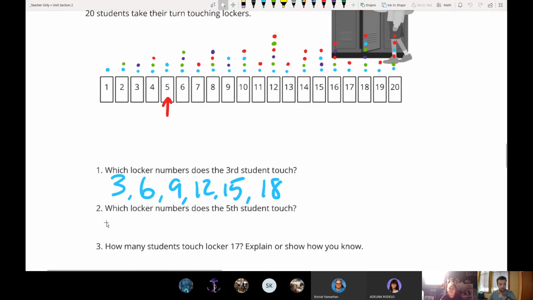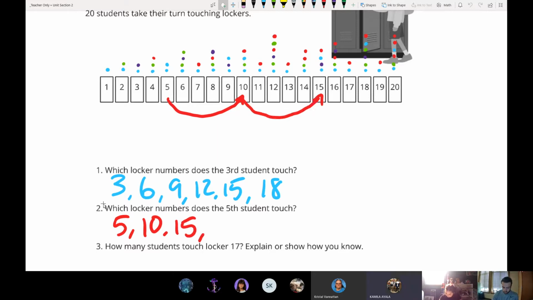Okay, so now we're in the second problem. Which locker numbers does a fifth student touch? Camila, do you have an answer for that one? 5. Okay, so starts at 5. 10. Yeah, so we jump to 10, all right. 15.